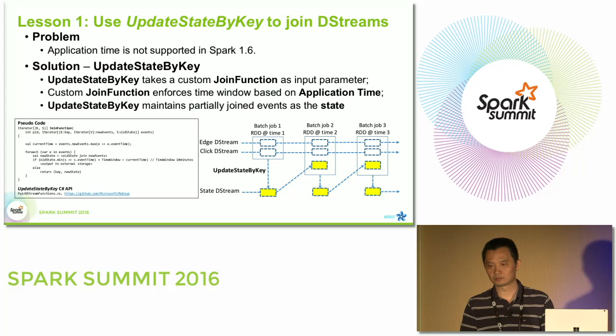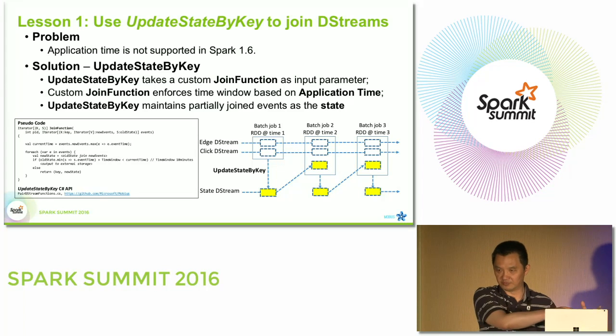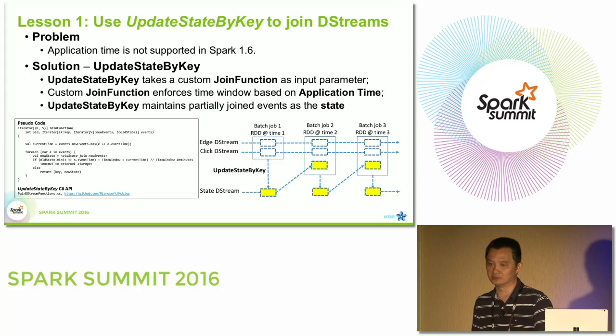It's doing a similar thing to maintain the state information. Yeah, that's a good question because they're basically doing the same thing, except that with mapWithState, they embedded the logic on the platform side. Here we do that on the application side. So it doesn't really make much difference for our case.